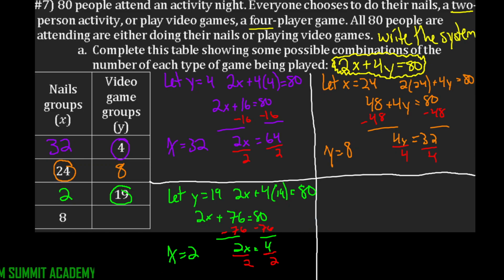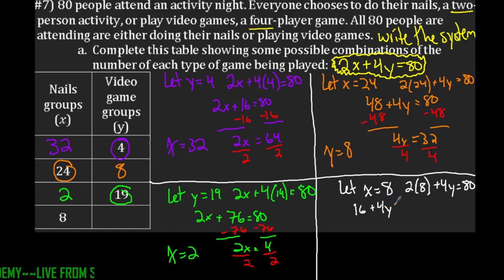And for the last one, we're going to say x equals 8. So let me plug this one in, do white this time. So we're going to let x equal 8, and plug it into our equation. So we have 2 times 8 plus 4 times y equals 80. Be able to simplify. So this is going to be 16 plus 4y equals 80.